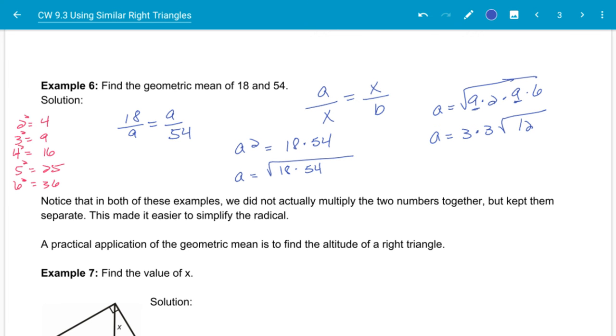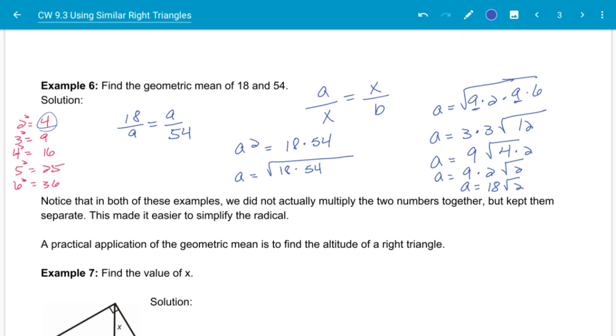And when I look at that, I got to go, okay, any perfect squares in 12? And the answer is yes, 4. So I'm going to say x is equal to, well, 3 times 3 is 9, the square root of 4 times 3. So then x is equal to 9 times the square root of 4, which is 2, times the square root of 3. So then x is equal to 18 square root of 3.